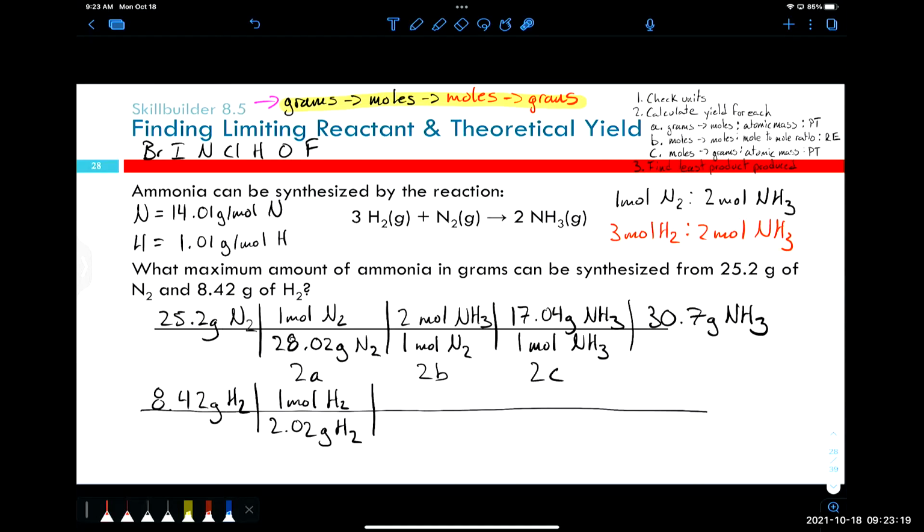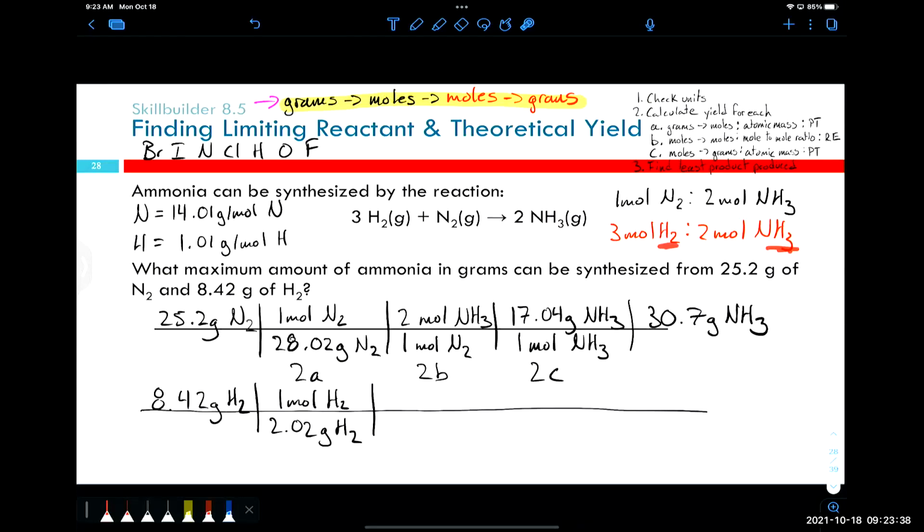And that makes sense too, right? If you look at this, both sides of our reaction equation need to be balanced. So this 3 times 2 gives us 6 hydrogens. 2 times 3 means that there are also 6 hydrogens on the right side of the equation. That's what these ratios help balance.